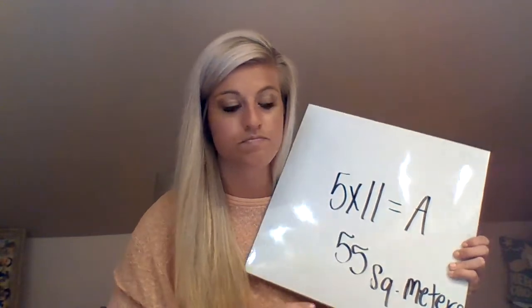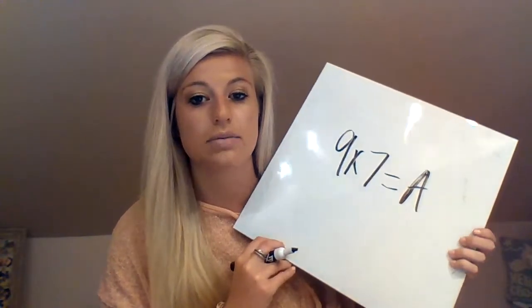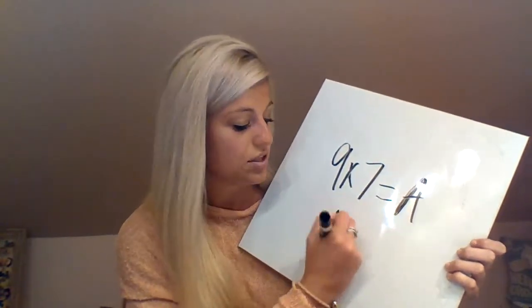Okay? Let's look at number 3. So basically, you're just taking those two numbers and you're just multiplying them together. So number 3, I'm going to do 9 times 7. Okay, so I have 9 times 7 equals area. And 9 times 7 is 63.